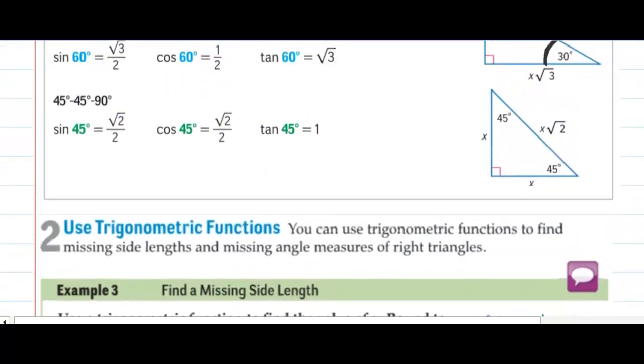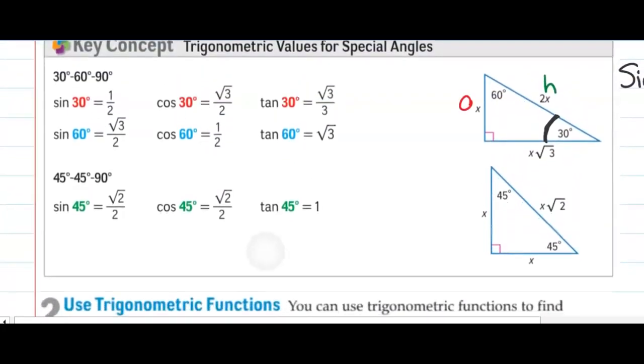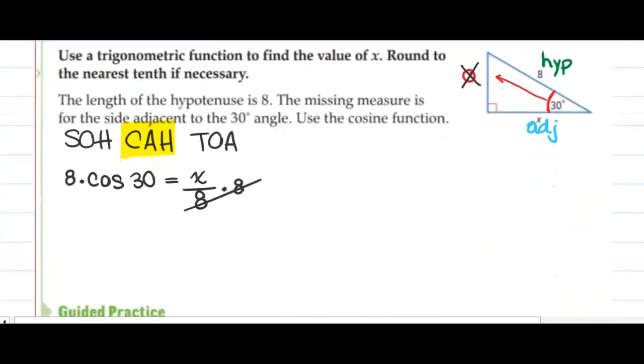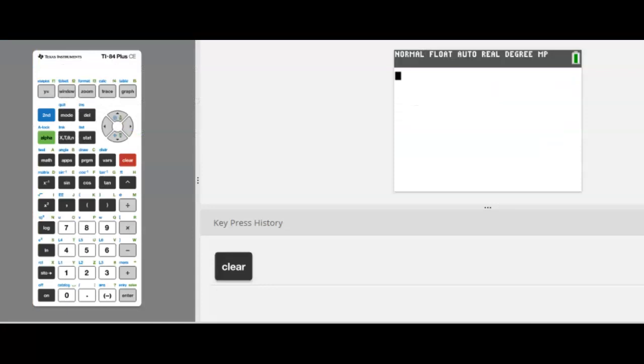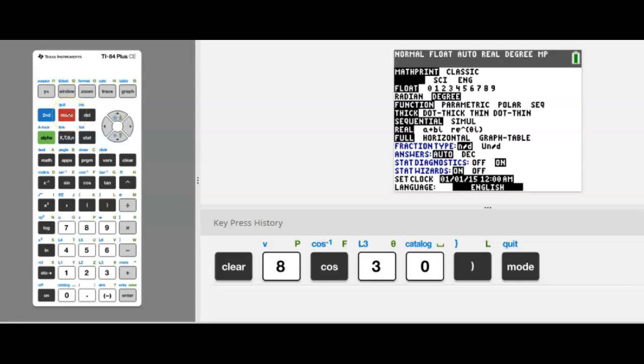Now, we can look at our special angles and know that the cosine of 30 is radical 3 over 2. But instead, we can also just use our graphing calculator and type 8 times the cosine of 30. But before we hit enter, it's always good to check by pressing mode to make sure that your calculator is in degree mode.